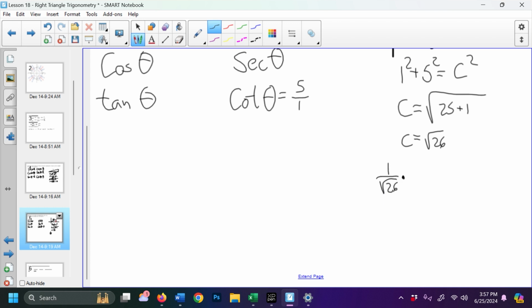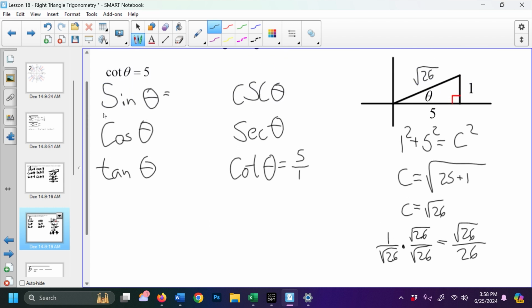So I'm going to multiply this by a funky 1, and that funky 1 will be the square root of 26 over the square root of 26, which will give me 1 times the square root of 26 is the square root of 26, and then square root of 26 times the square root of 26 is just 26. And so I will put that up here: square root of 26 over 26.